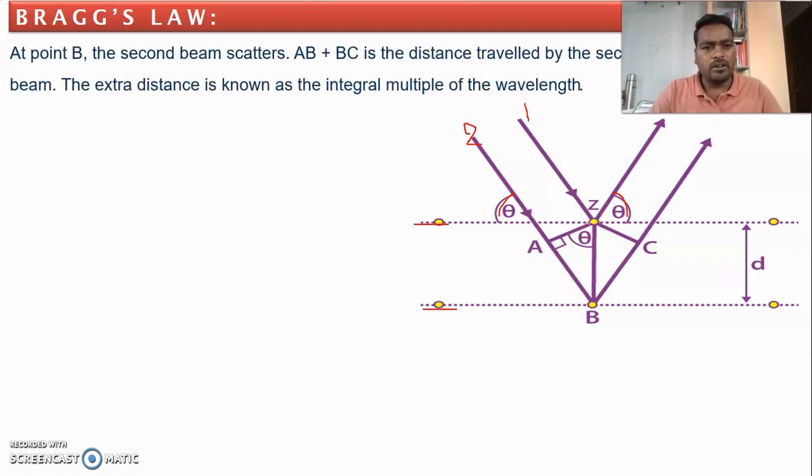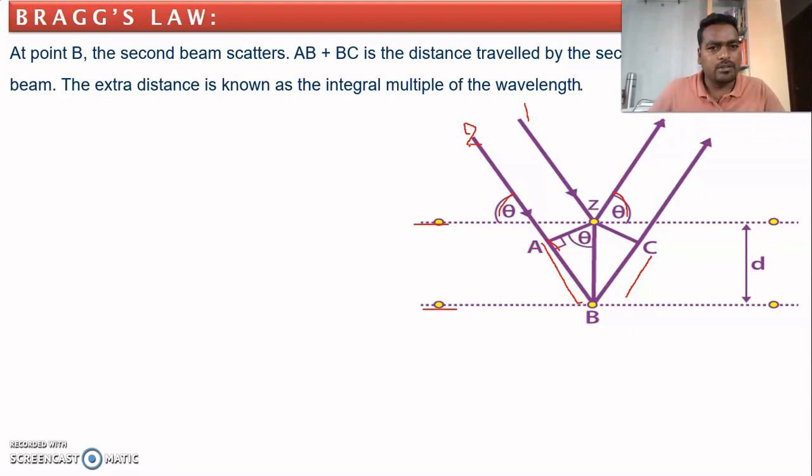So compared to beam 1, beam 2 travels more distance. The extra distance which is traveled is nothing but AB. You look at this distance, AB and BC. These are the extra distance.